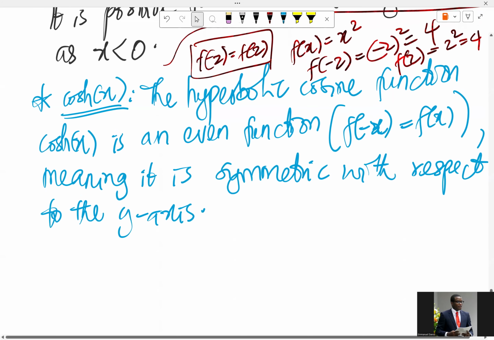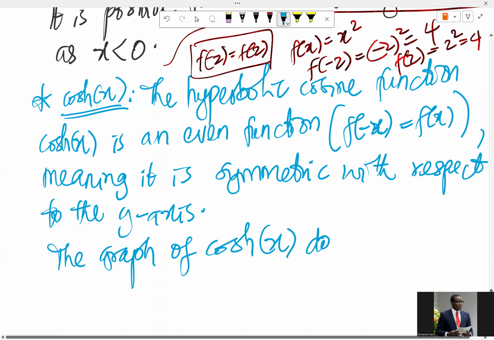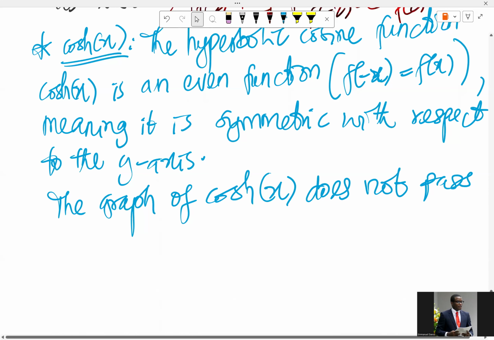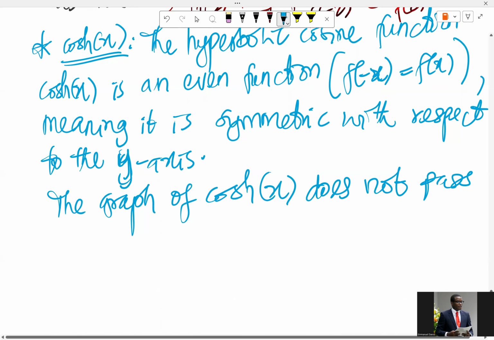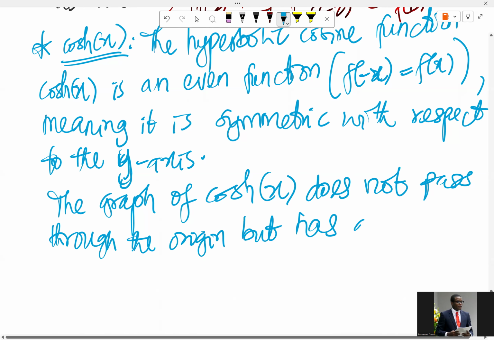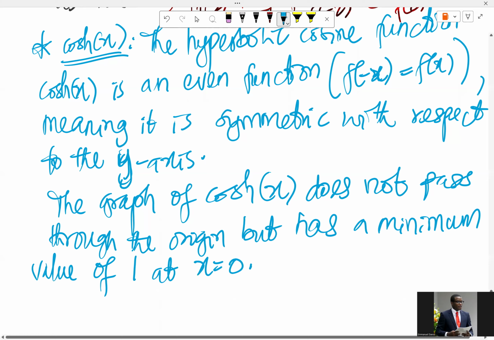The graph of cosh x does not pass through the origin, but has a minimum value of 1 at x equals 0.